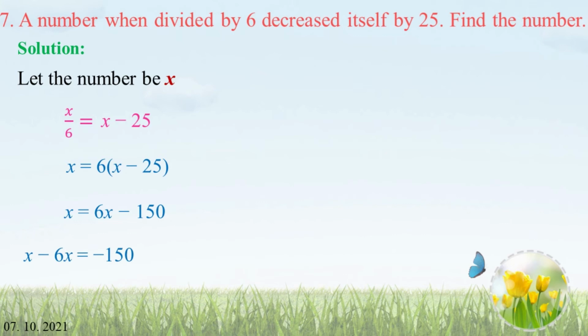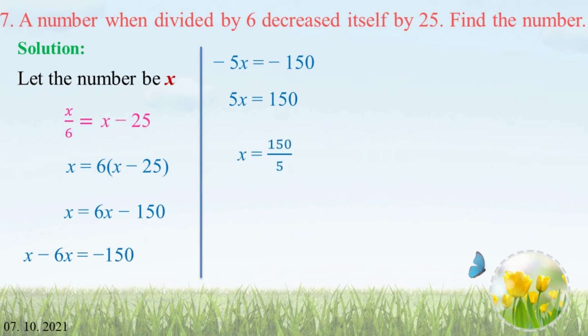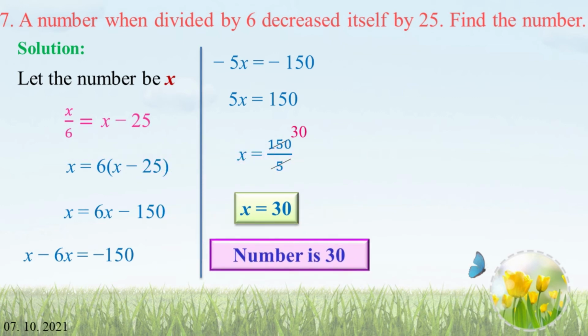So x minus 6x equals minus 150. x minus 6x will get minus 5x equals minus 150. Now we find the value of x. Both sides the minus is cancelled. 5x equals 150. x equals 150 divided by 5. So x equals 30. Therefore, the number is 30.